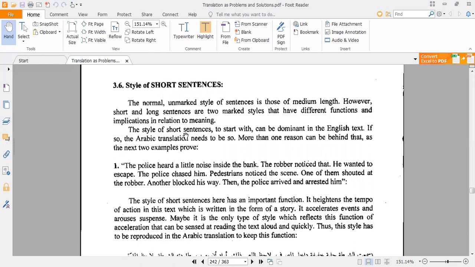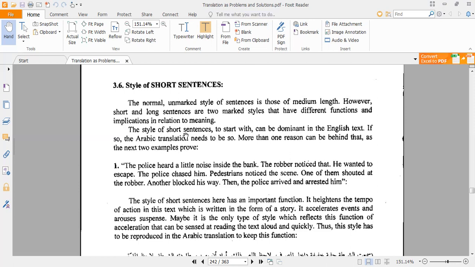Now, in English, most sentences are short; the dominant style of English sentences is the style of short sentences. Thus, we can't write a whole paragraph in English using only one sentence. No, we usually break the long sentences into several shorter sentences.